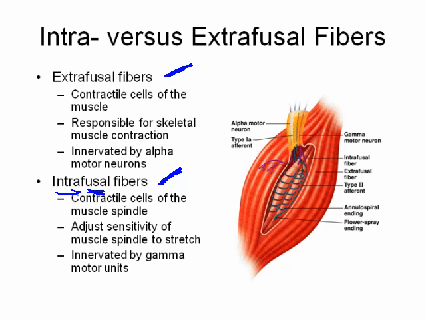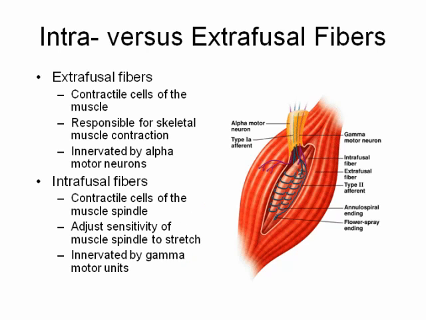So these are within the spindle, and they are contractile, but they do not contribute to the whole tension developed by the whole muscle. They do not cause the muscle tension to develop. What they do is they contract within the muscle spindle itself to help sustain the sensitivity of this muscle spindle. So they adjust the sensitivity of the muscle spindle to stretch, and they are innervated by what's called gamma motor neurons.